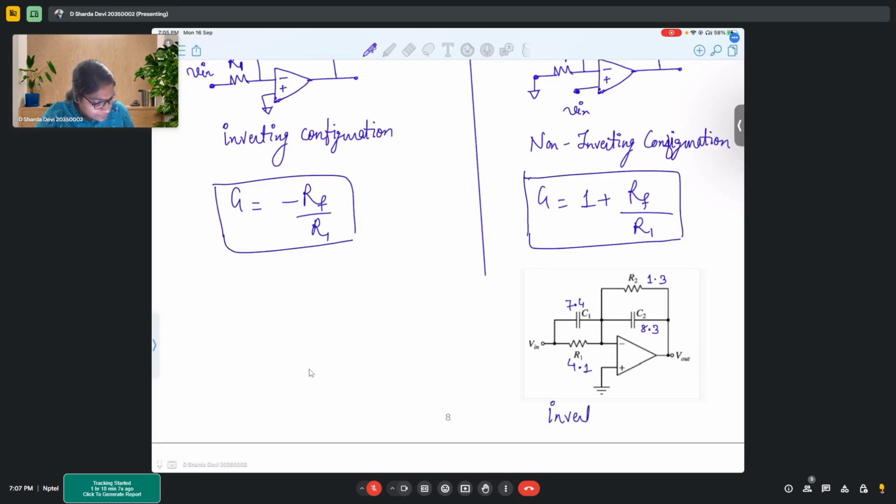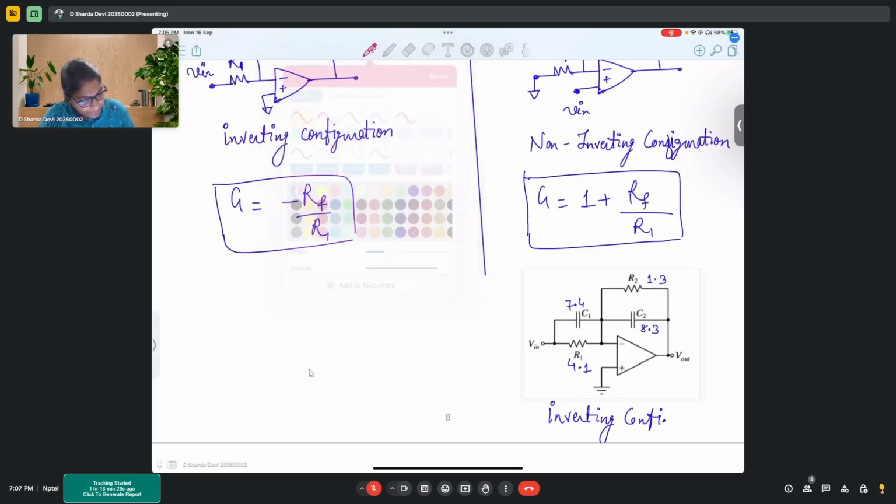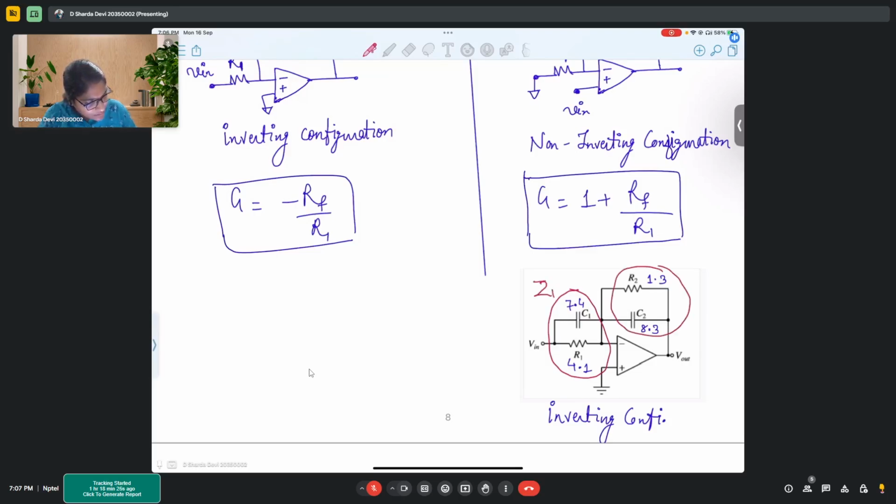So this is inverting configuration. When this is inverting configuration, we can simply consider this particular part as Z1 and this particular combination as Z2, and we can find gain as minus Z2 upon Z1. Correct? Because it is a similar configuration.